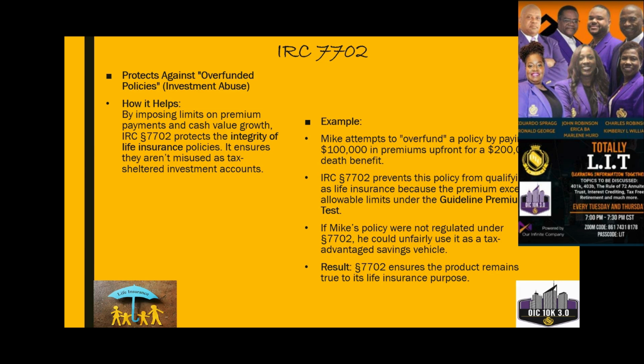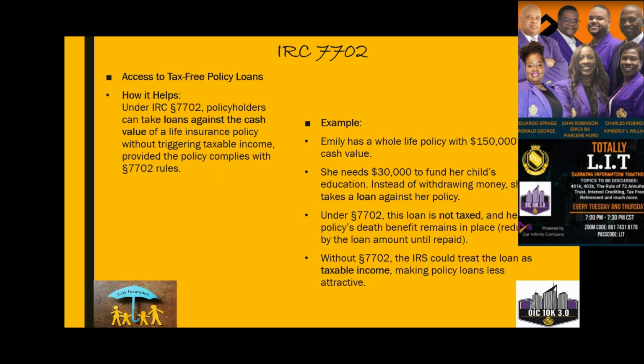This code also protects against overfunding and abuse of investments, and has the opportunity for you to access your money through tax-free policy loans. An example of that is Emily, who has a whole life policy with 150,000 in cash value. She needs 30,000 to fund her child's education.